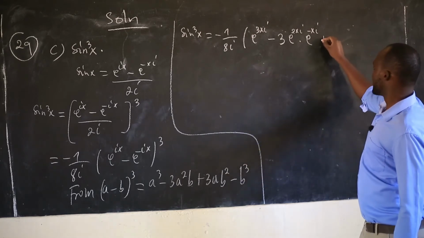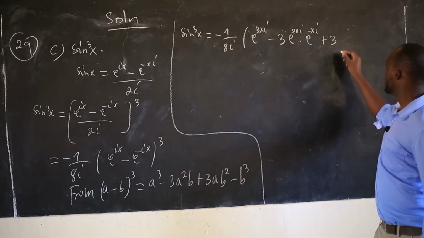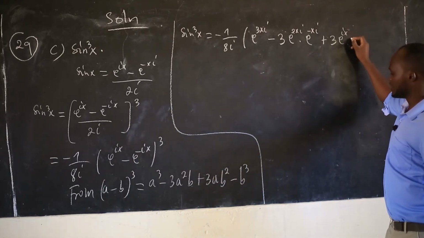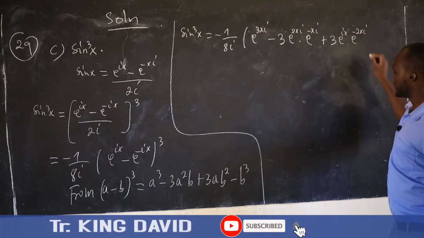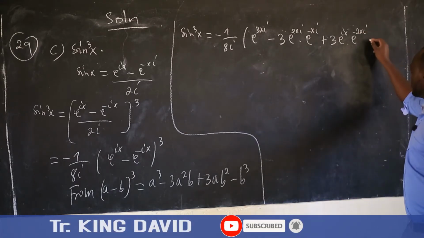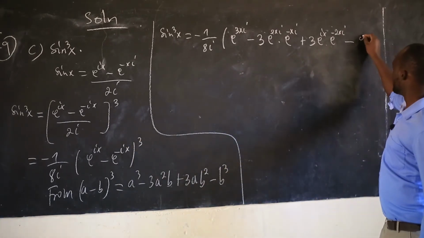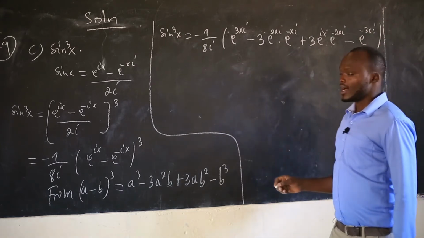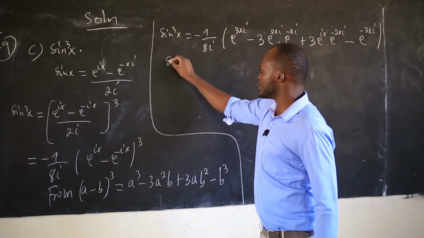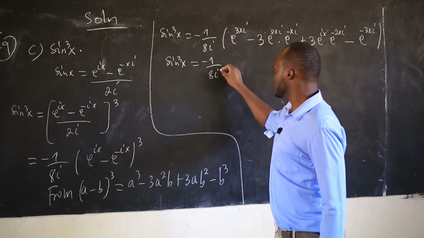plus 3a. Our a is e power ix, then times b, which is e power negative 2xi, minus b cubed. Our b is this one, e power negative 3xi. So now the answer is sine power 3x equal to negative 1 over 8i.